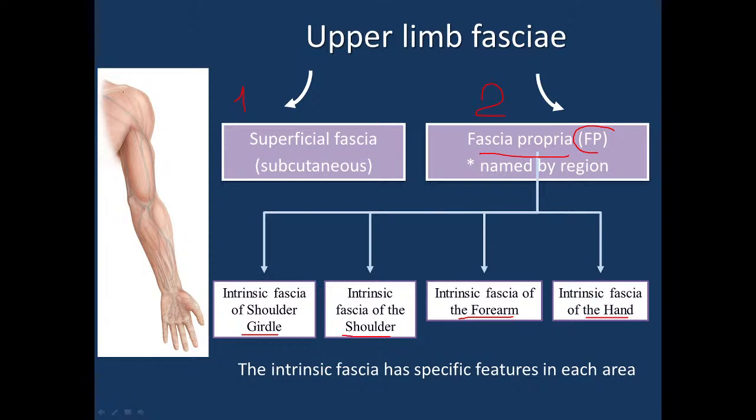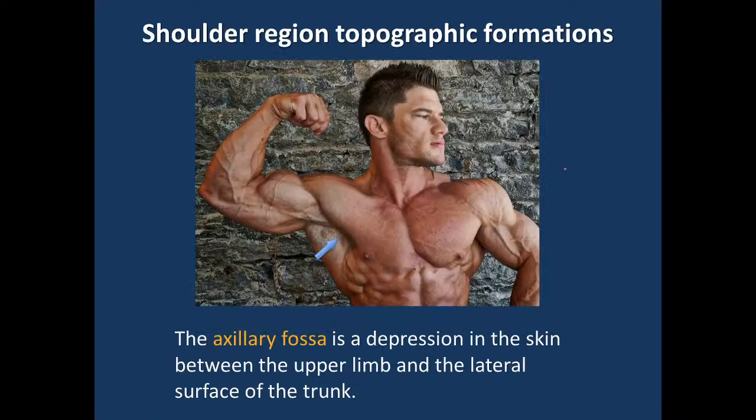Each part of the upper limb has its own intrinsic fascia, which has a Latin name, fascia propria. It means it's the same, our fascia.